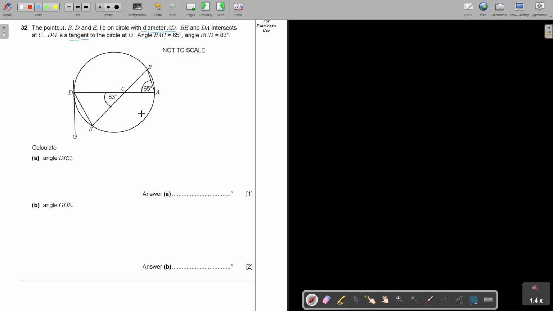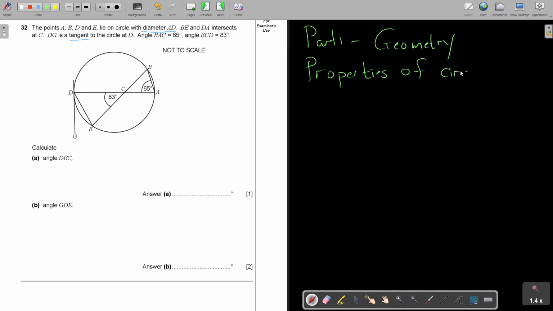So where will I find this? You will find this in Part 1 in geometry, in properties of circles, on page 374.